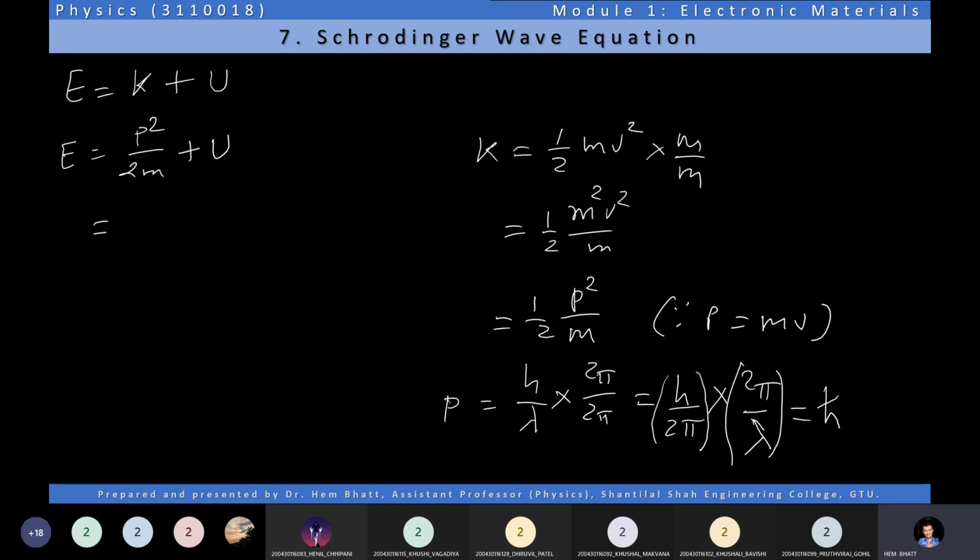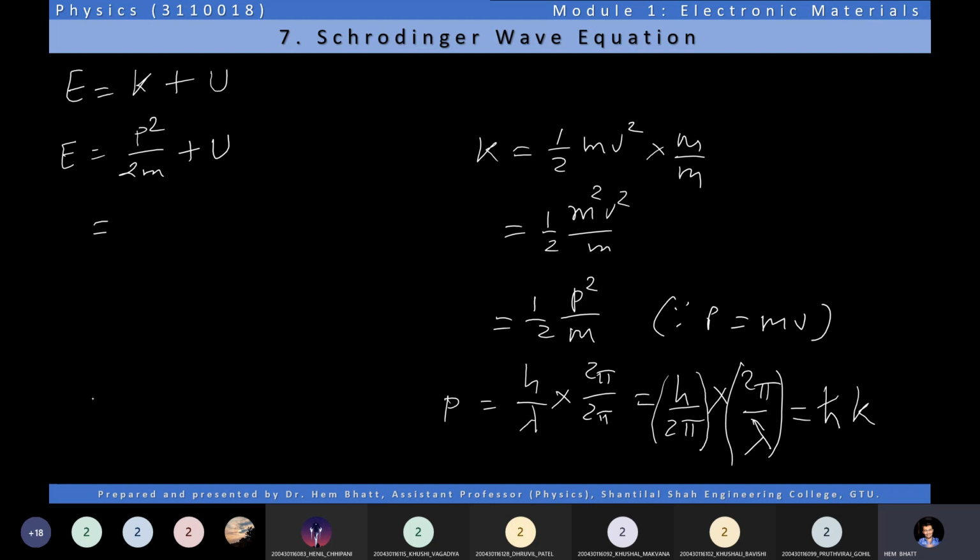What is 2 pi by lambda? Anyone? 2 pi by lambda is called the wave vector. It is denoted by small k.